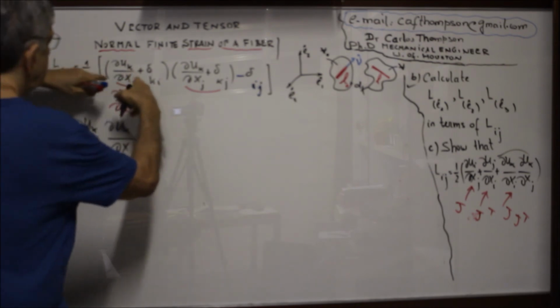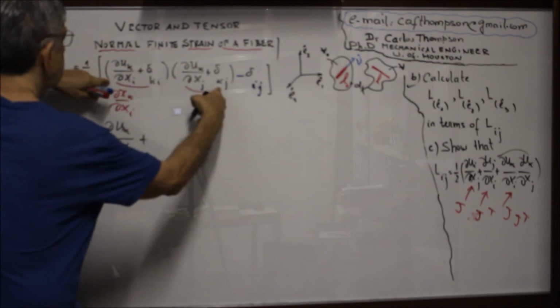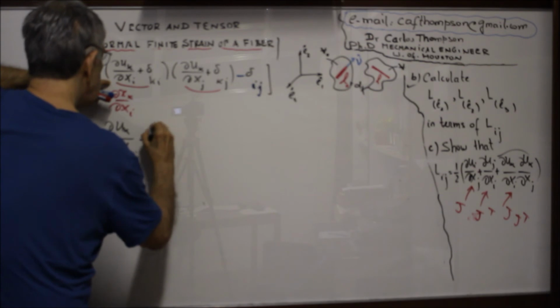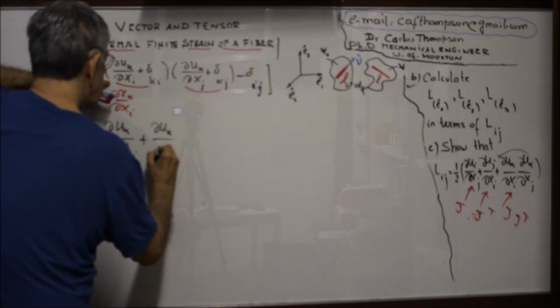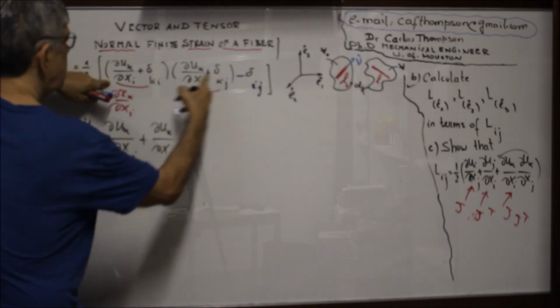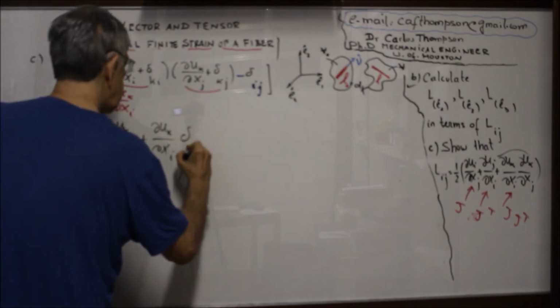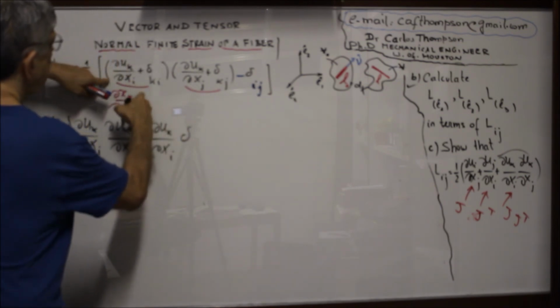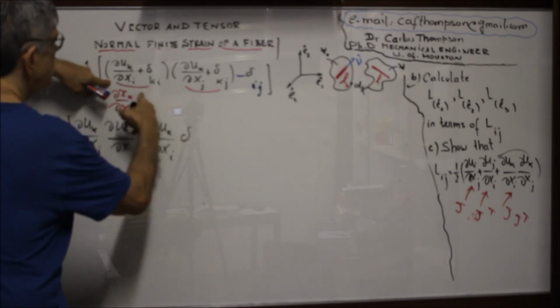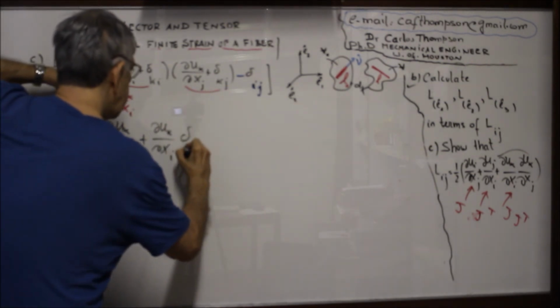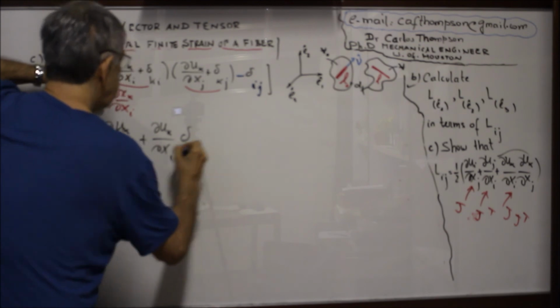Plus this term times delta_kj: partial of u_k with respect to X_i times delta_kj.